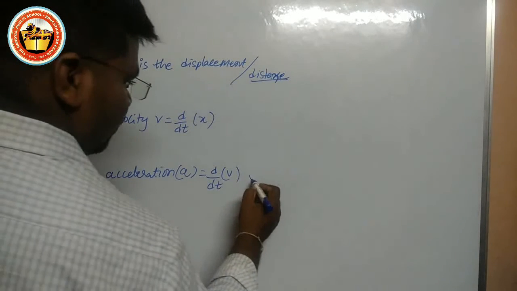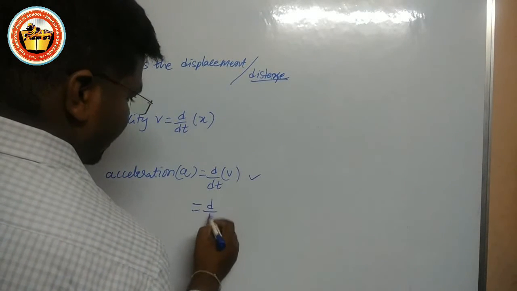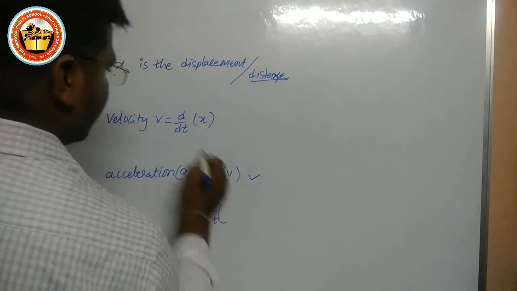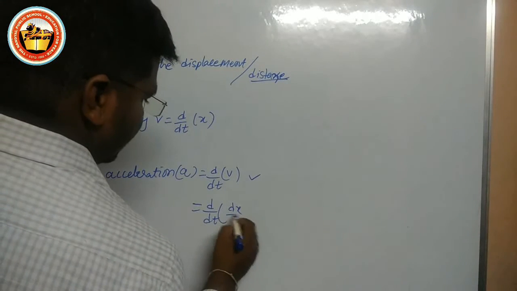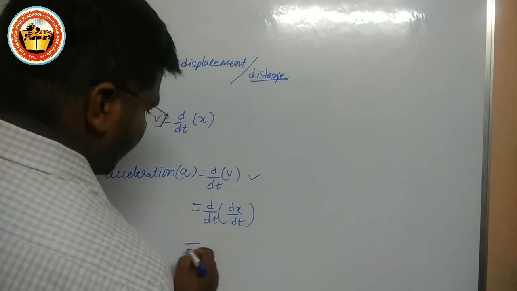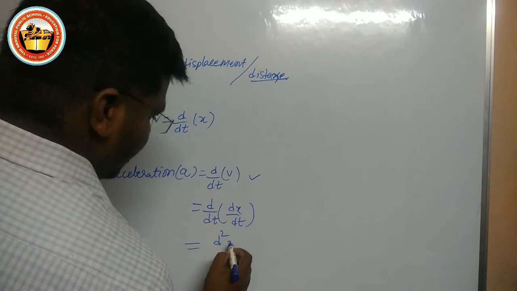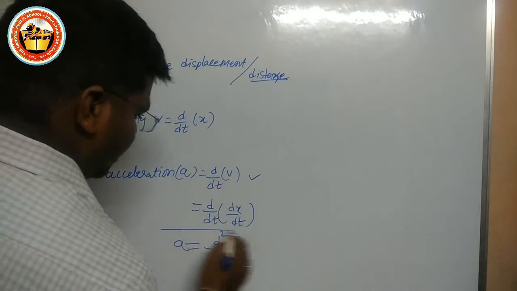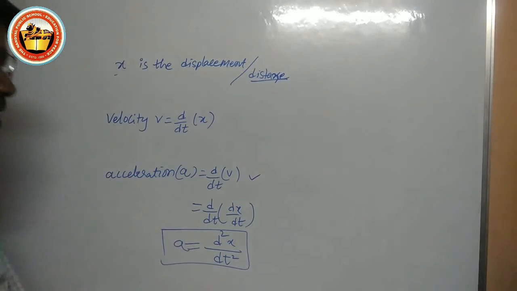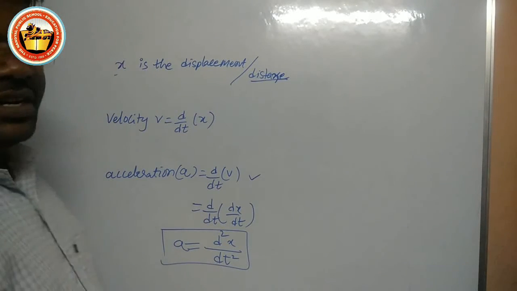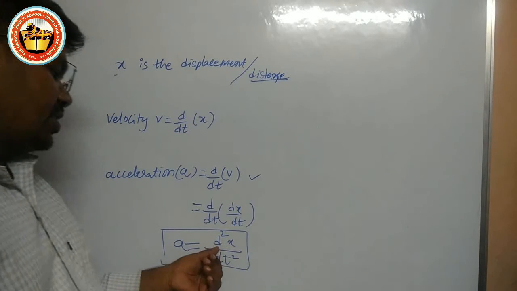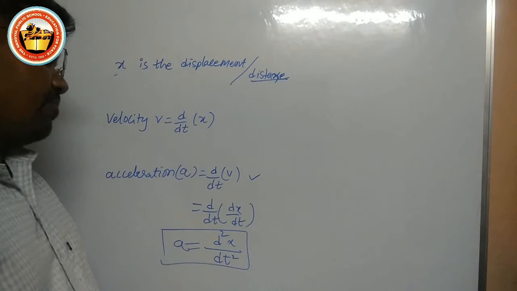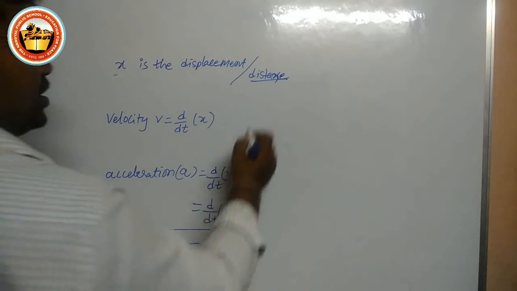Another formula: d by dt of v, where v is dx by dt, can be written as d square x divided by dt square. This is a second order differentiation.